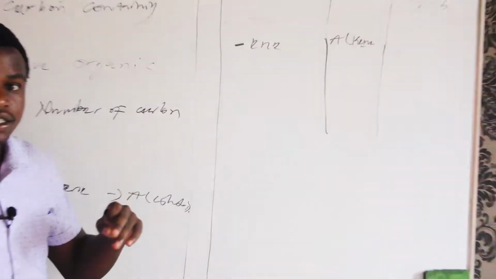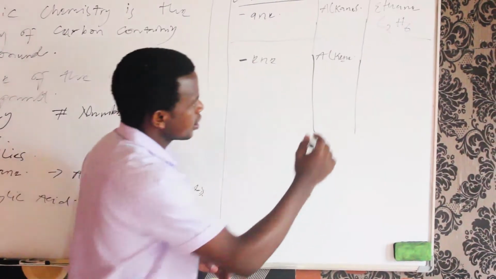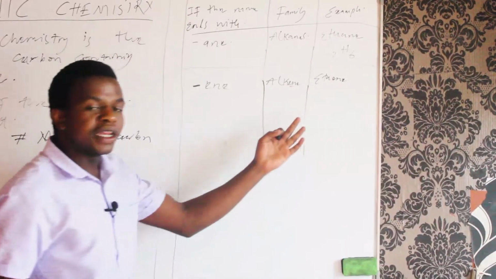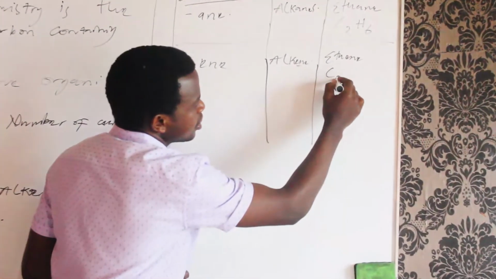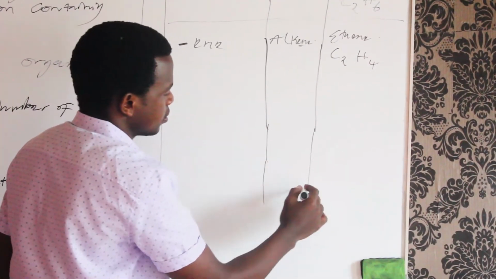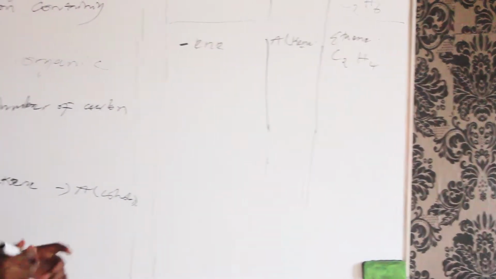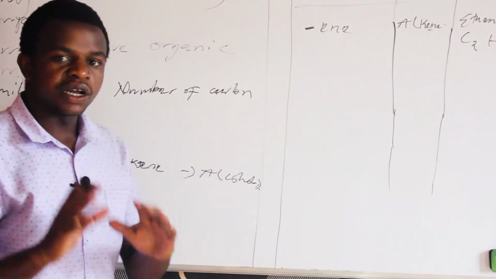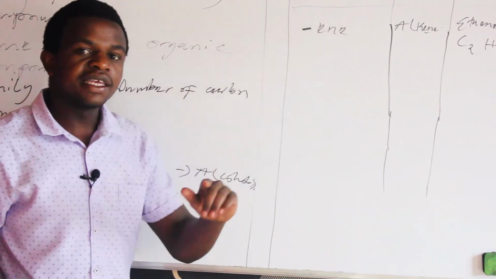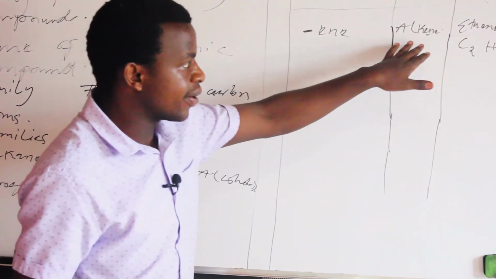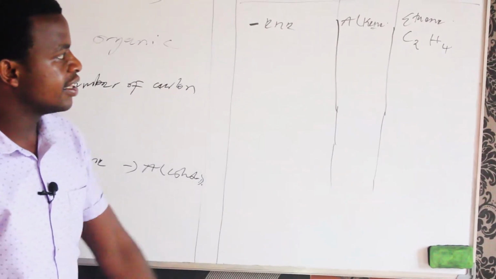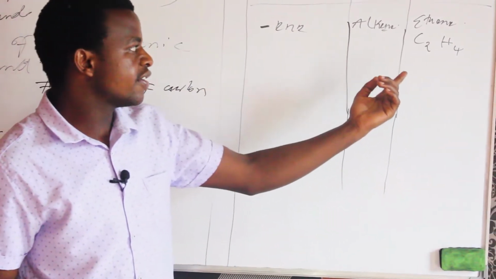An example that I'm going to give is ethene, and the formula of ethene is C2H4. So each and every time you come across the name of the organic compound and the name ends with E-N-E, that means it belongs to the alkenes. An example that I've just given is ethene, and the formula is C2H4.